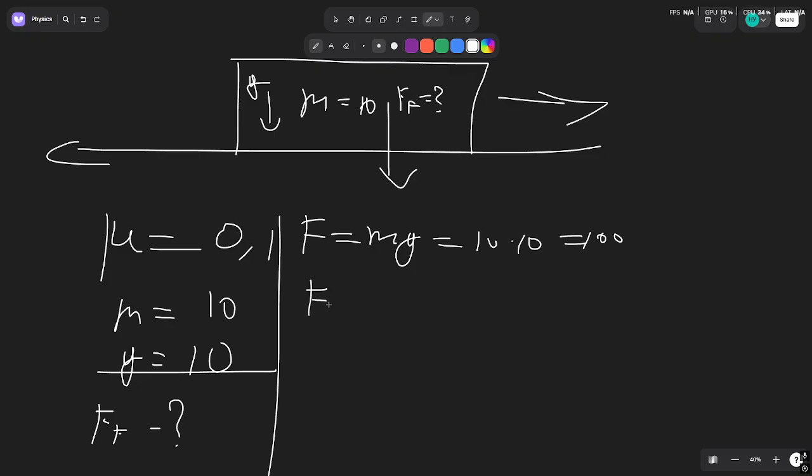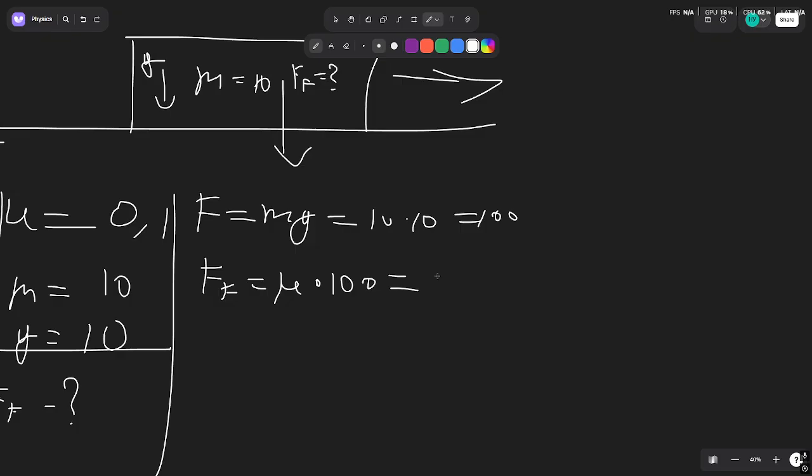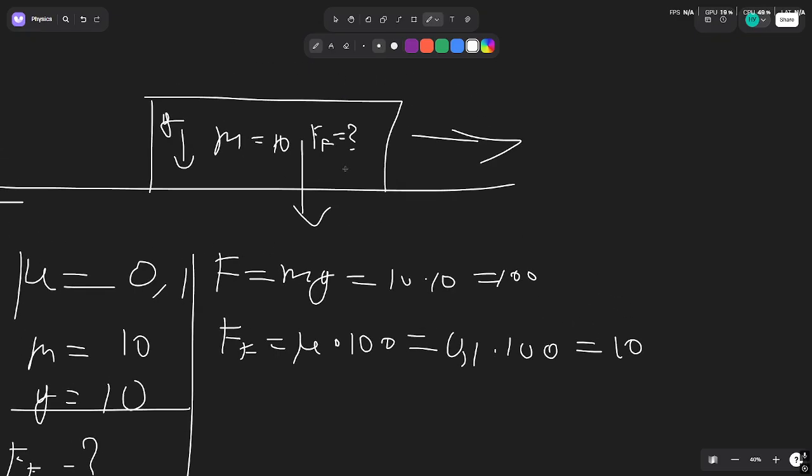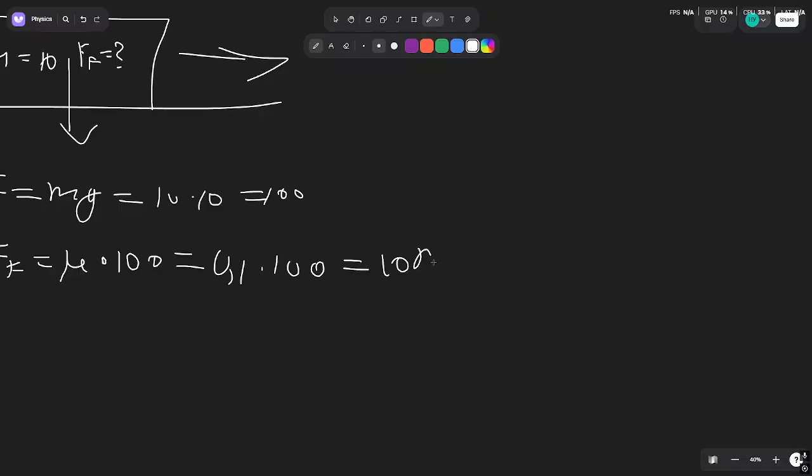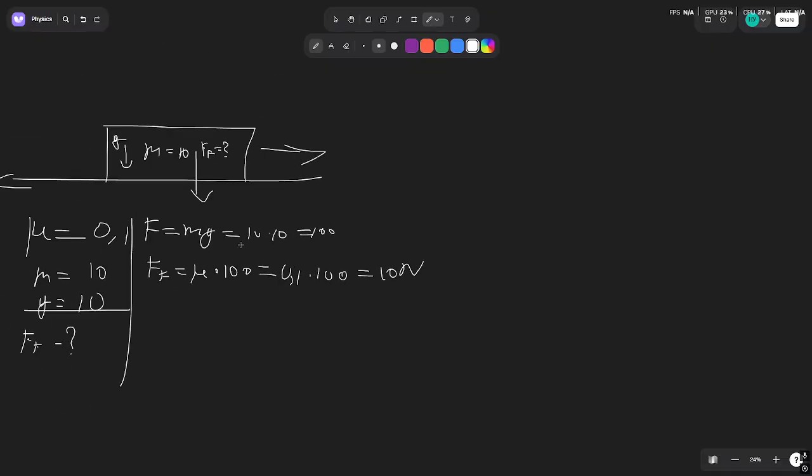So to find the force of friction, mu, this sign is called mu, by the way, times 100. So therefore, this is 0.1 times 100 equals 10. So the force of friction equals 10 newtons. This is a really easy one, and we rarely use it in kinematics, and especially in circular motion and curvilinear motion.